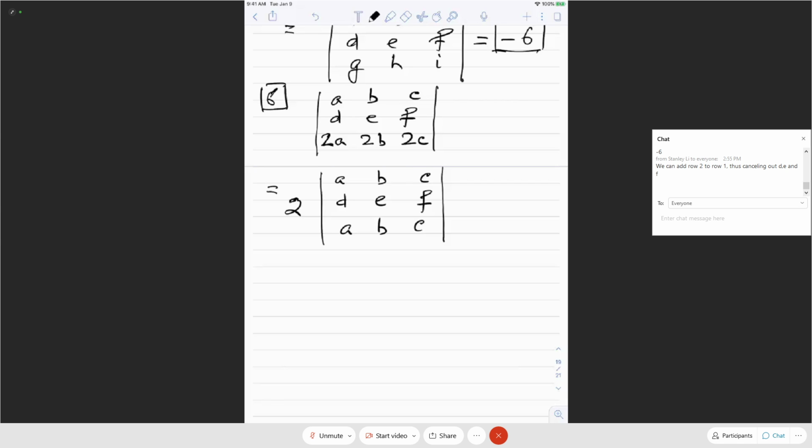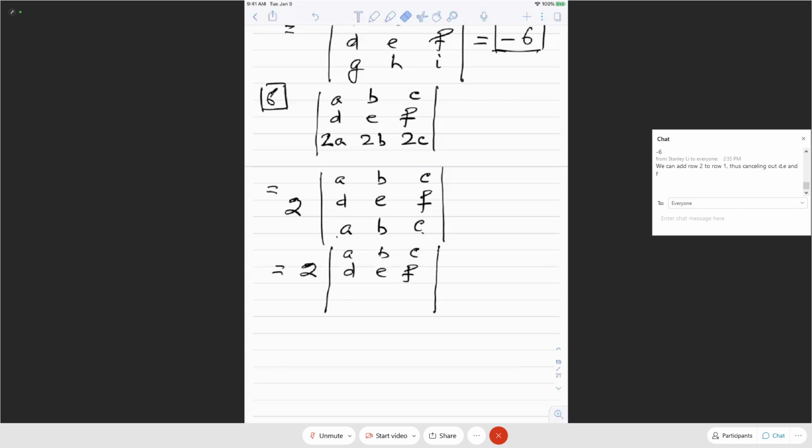There are two rows identical, so the determinant must be 0. How do you get this? This is 2 times... multiply the first row by minus 1 and add it to the third row. Now you expand along the third row, or you could have done it a simpler way.